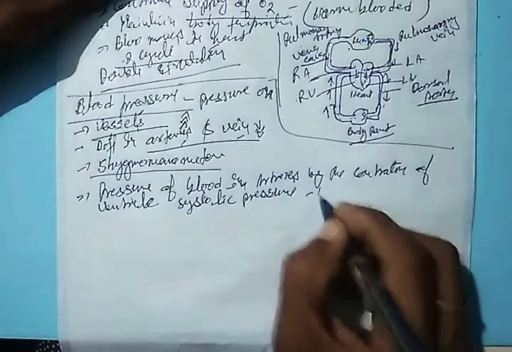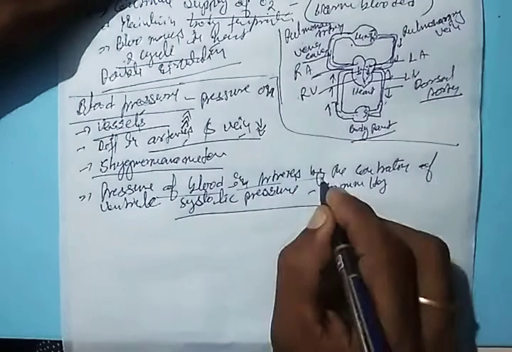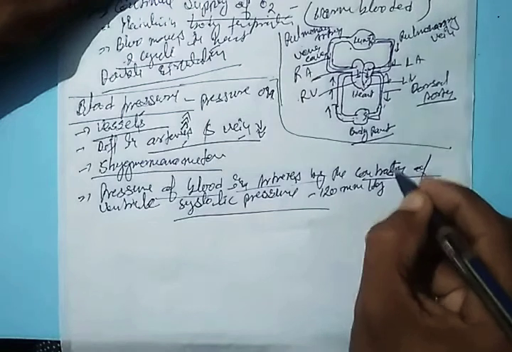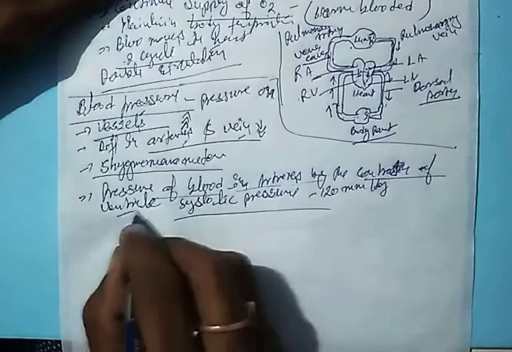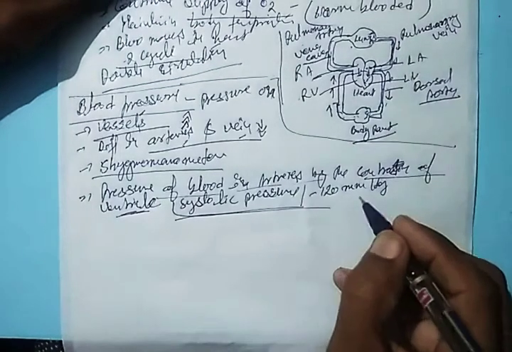It is about 120 mmHg. The pressure of blood in arteries by the contraction of ventricle is called systolic pressure, and it is about 120 mmHg.